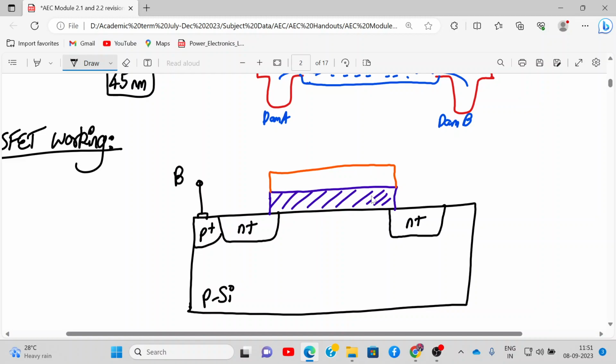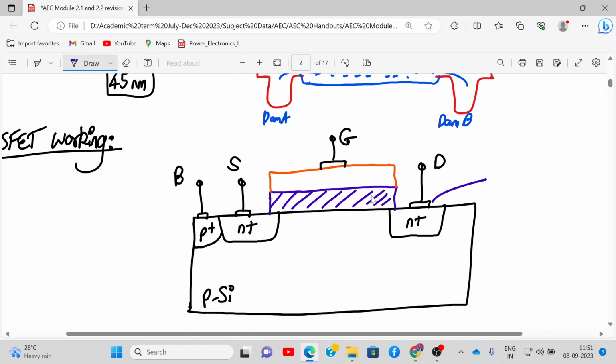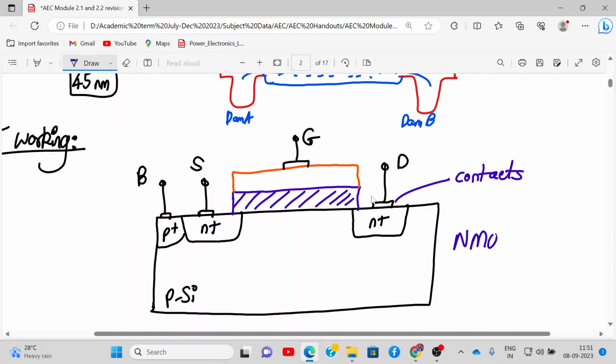This is the body or the substrate terminal. This is the source terminal, this is the gate terminal, and this is the drain terminal. So these are the contacts. These things which I have drawn are the contacts. And this is the P silicon substrate. So this is the construction of an N channel MOSFET. This is NMOS. For NMOS you take a P type silicon substrate. This is the substrate or the body.